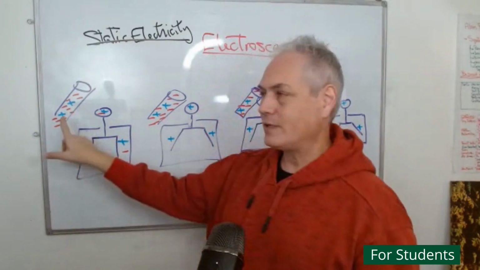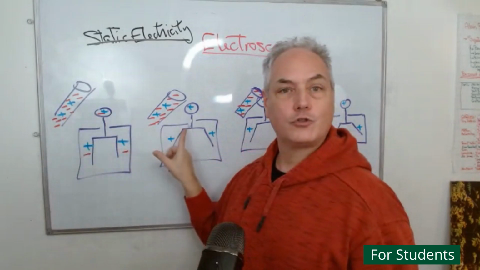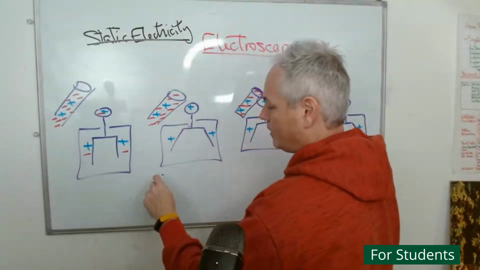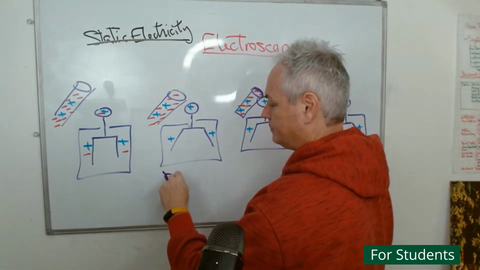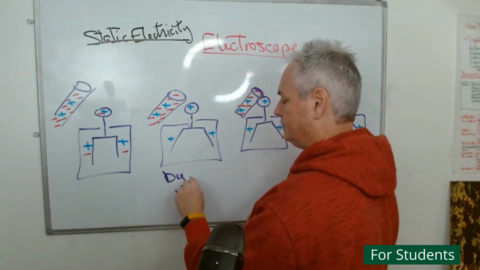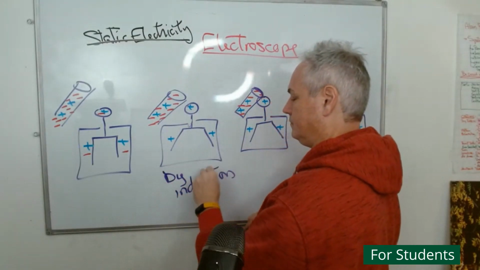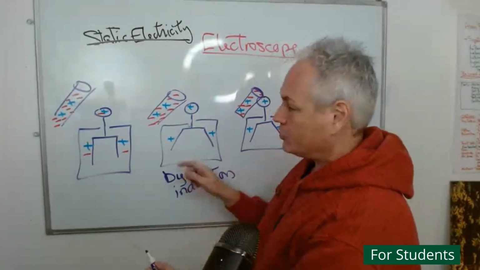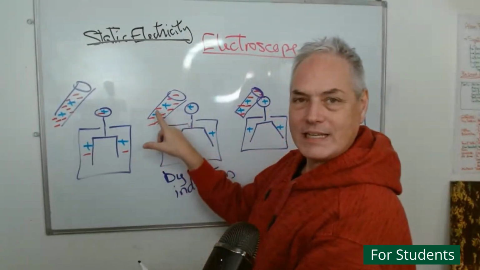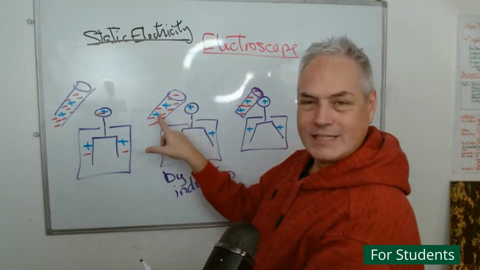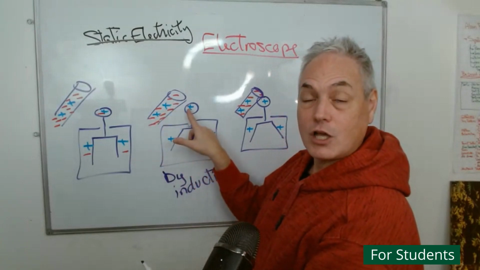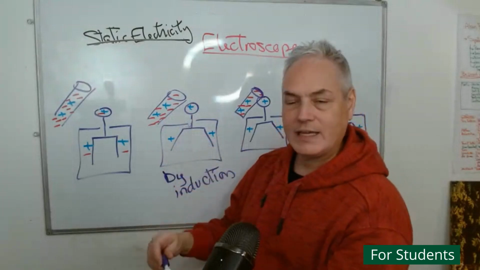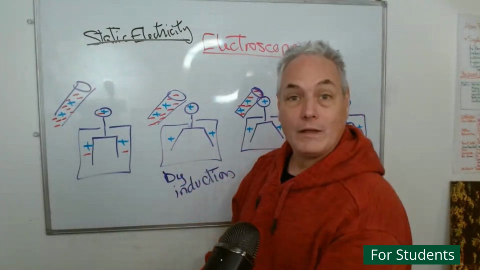Now what happens is that when you bring the stick closer to the electroscope without touching it, we have what we call induction. The negative charges on the stick will influence the electrons on the electroscope, and the electrons will move further away from the stick.